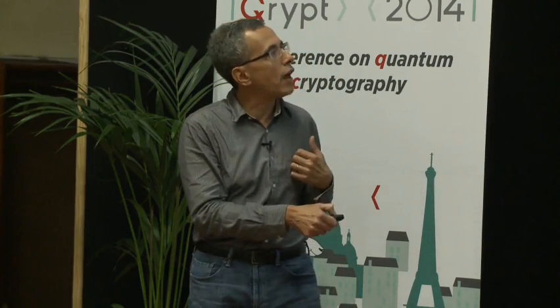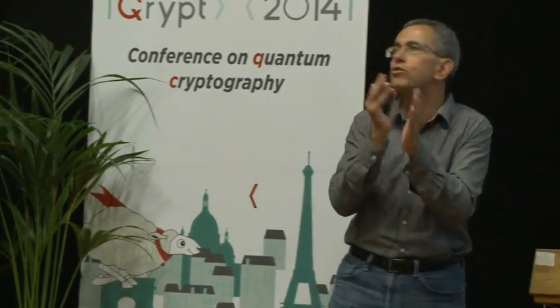And the states of this photon are distinguished by some internal degree of freedom. H and V could be polarization, as I said. In this talk, they will actually refer to the color of the photon, that is, whether the photon is blue or red. And blue and red in this case are two frequencies that differ by 5 gigahertz.